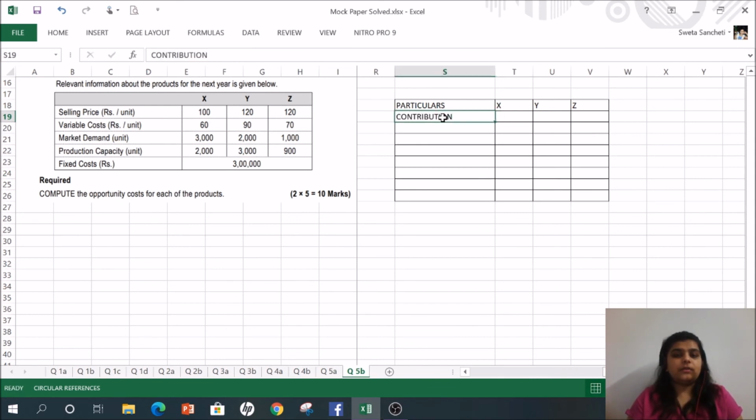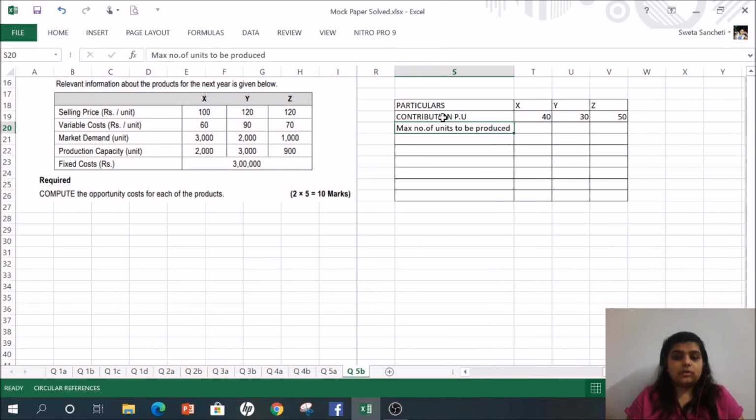See, fixed cost is fixed whether I produce X, Y or Z. So it is irrelevant for decision making. So contribution per unit would be, for X it would be 100 minus 60, for Y it would be 120 minus 90 and for Z it would be 120 minus 70.